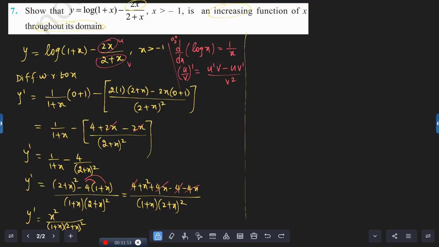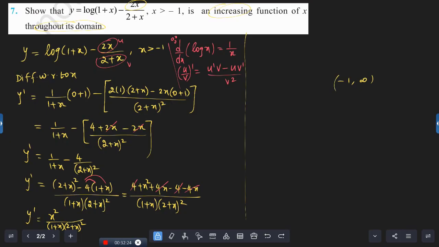If you put it equal to 0 to find the x value, you can check, or else without that, if you want to check the domain, that is also possible. Here we have a square, here also we have a square. Without a square, what do we have? That is the disturbance for us: only 1 plus x. So for all the domain, whatever the domain value, if you substitute, the domain means minus 1 above, minus 1 to infinity.